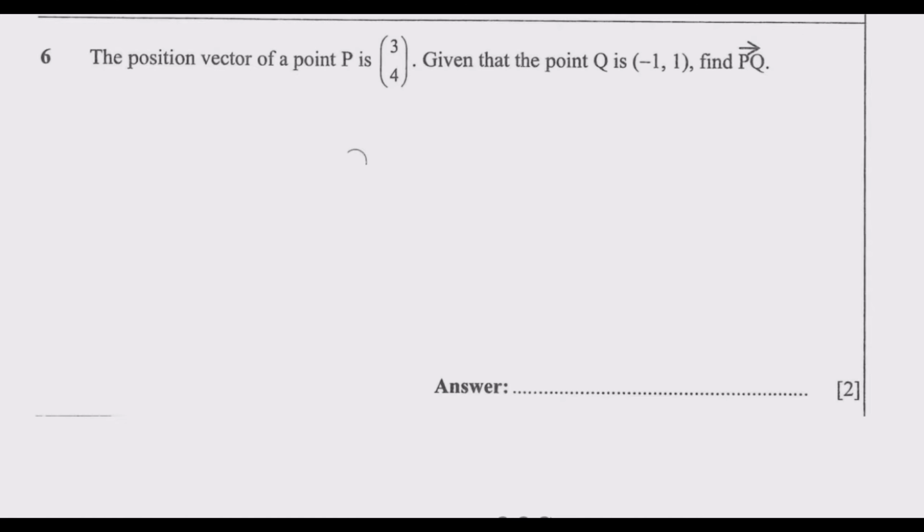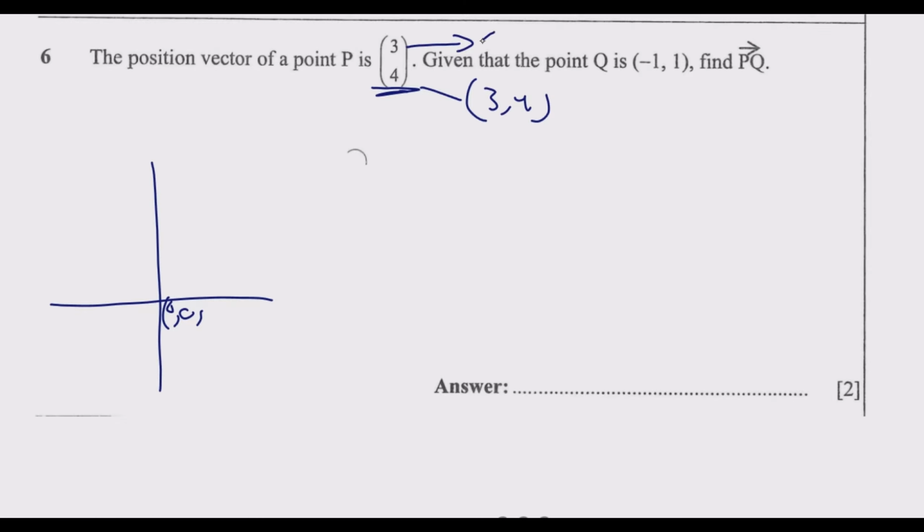So let us assume that this is the Cartesian plane. This is (0, 0). Then we have point P, which is (3, 4), because it's telling you that you are moving 3 steps along the x-axis, then 4 steps along the y-axis relative to the origin.